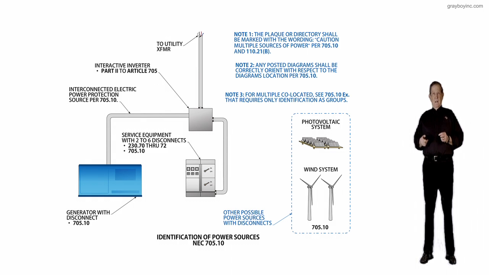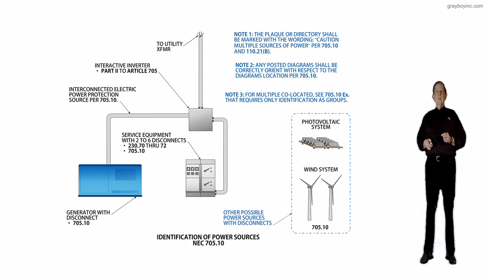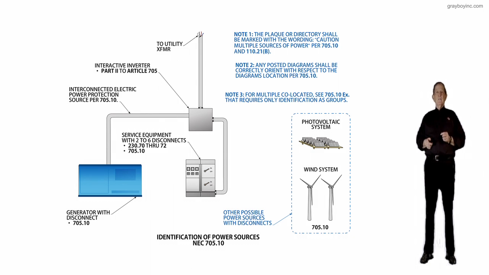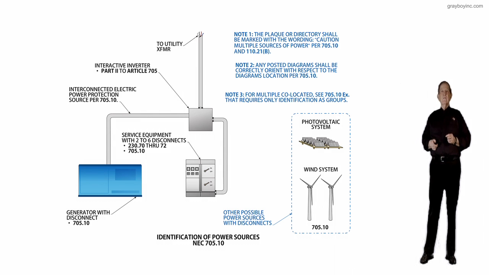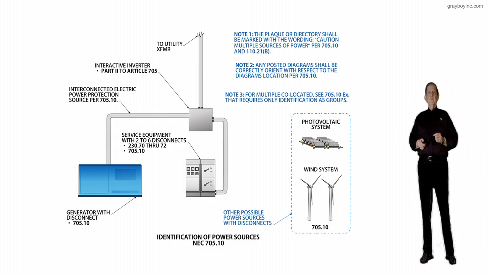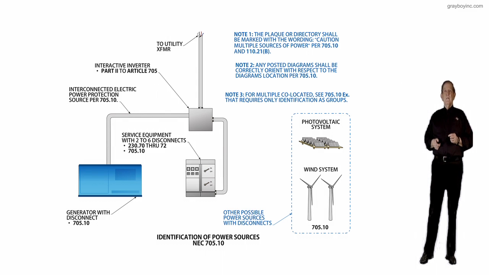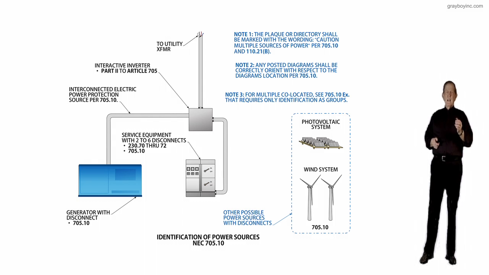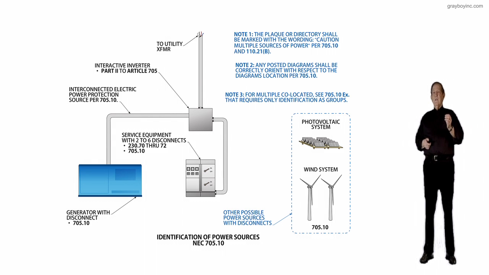Next, we'll take a look at the generator itself, and most generators come with a disconnecting means and a protective overcurrent device for the conductors as outlined in 705.10. Then notice the service equipment, two to six main disconnects, 230.70, 230.72, and 705.10, where you have one main or two mains, or exactly what 230.71(B)(3) calls for there.